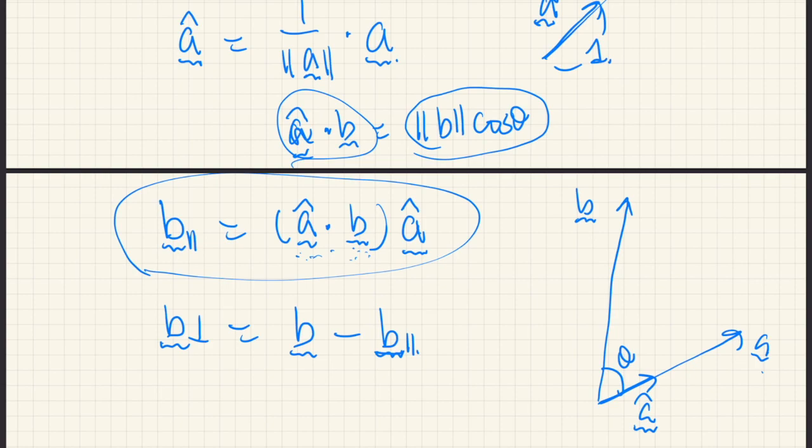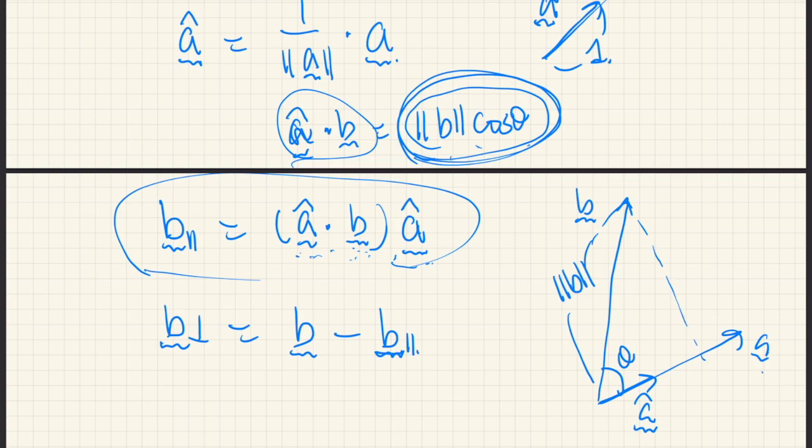Okay, and so this B parallel means it's in the direction of A hat, but it's scaled by this much. So by this much, we mean this. So the length of this vector B is B norm, of course. And cosine theta times this length is this length. So B norm and cosine theta. Okay, let's change the color.